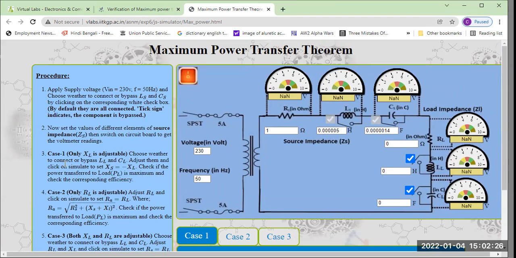Choose whether to connect or bypass LL and CL, adjust them and click on the simulator to set XS equal to X minus XL. Means this is the impedance portion in the source and impedance portion in the load.